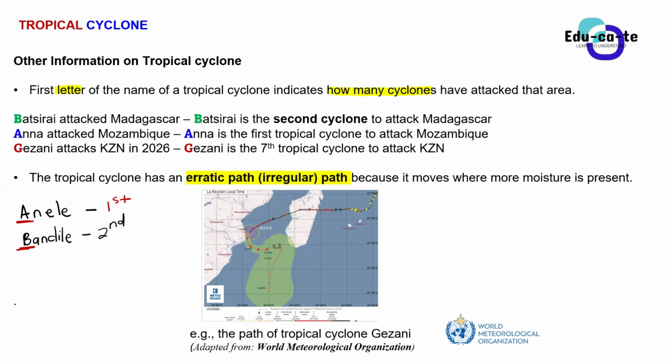We have never had a whole 26 tropical cyclones, because the alphabet has 26 letters. We have not yet reached 26 tropical cyclones attacking the same area ever since human existence. So we don't know what will happen when we have more than the letters of the alphabet. What are we going to name it? Probably we're going to have a new naming convention.